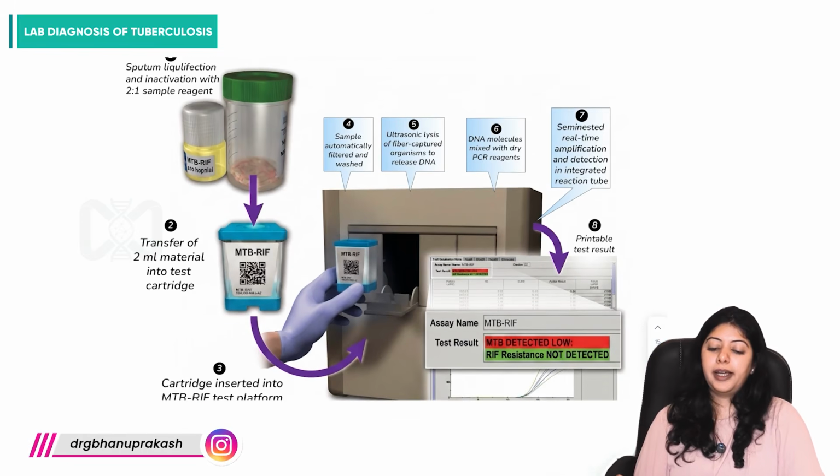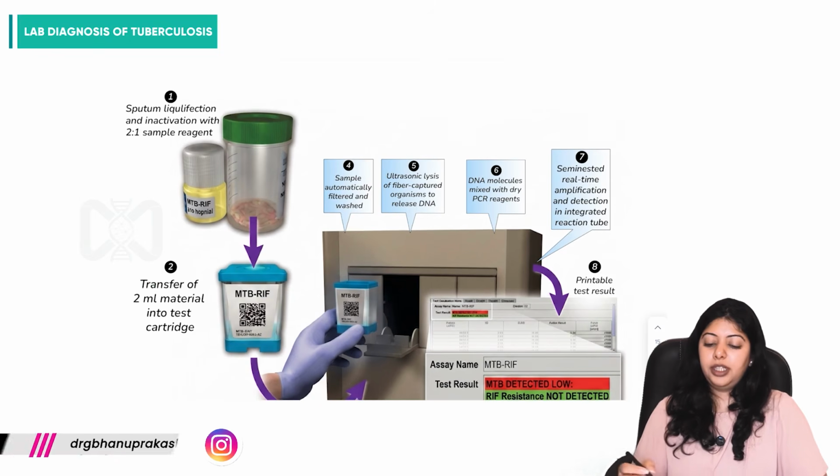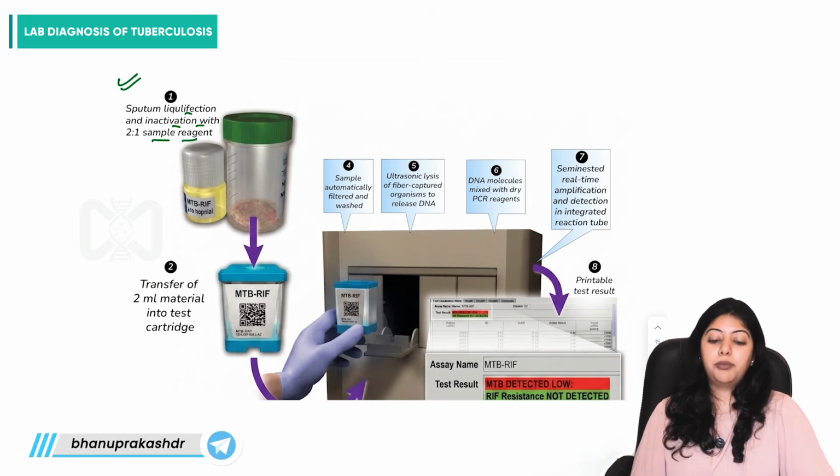So this is the diagrammatic depiction of how CBNAAT or this GeneXpert machine works. Initially, we have to liquefy the sputum and inactivate with the sample reagent.